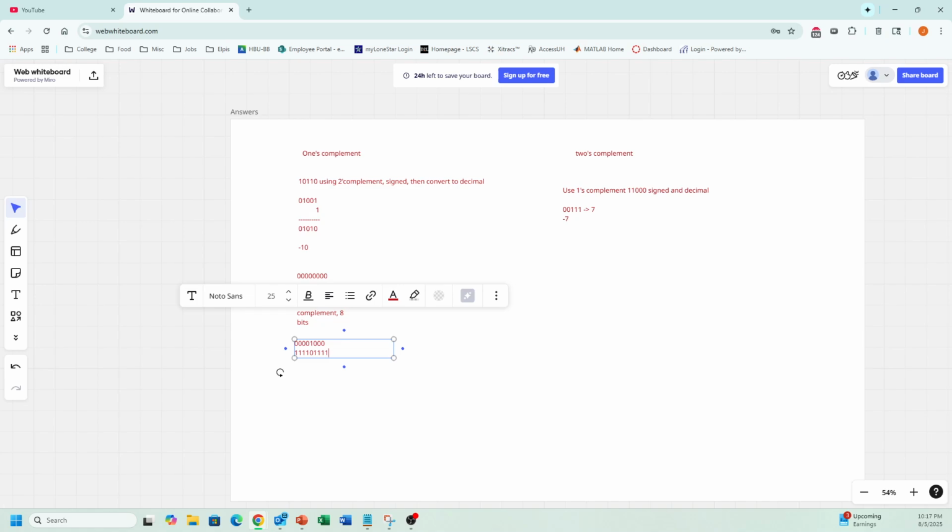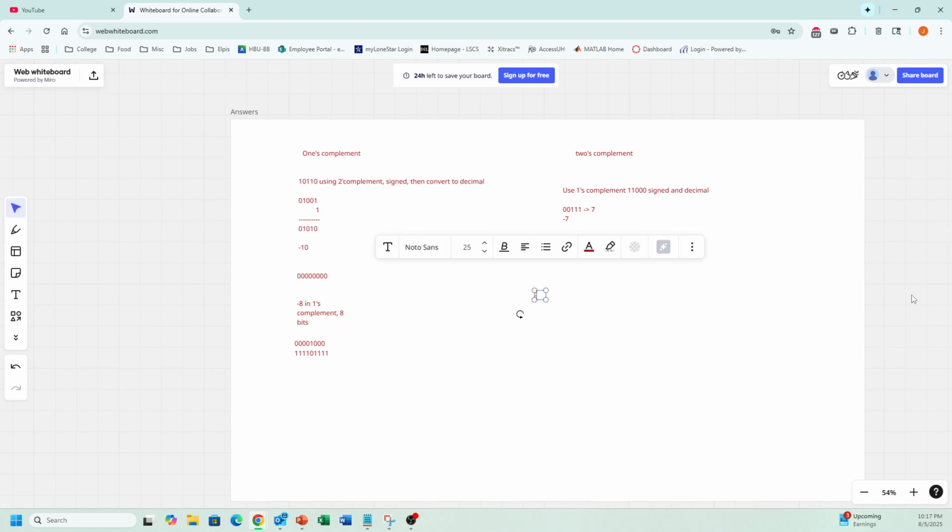You could do the same thing. Let's say that you want to do negative 10. Actually, let's do negative 13 in 2's complement, 8 bit.